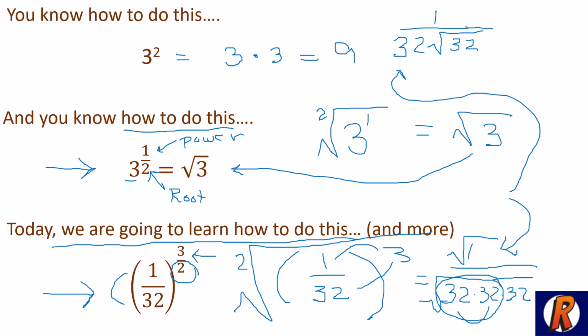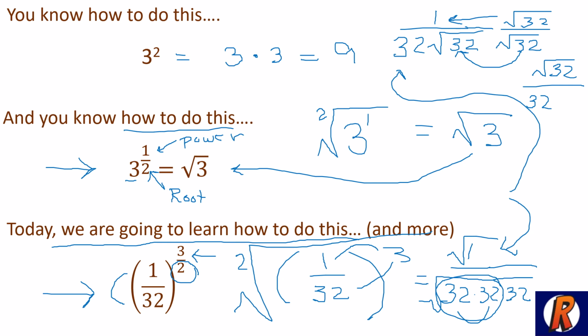Now we're not done yet because we can't have a radical in the denominator, so I've got to multiply by the square root of 32 over the square root of 32. Now we can have a radical in the numerator, so the square root of 32 times 1, that's okay. On the bottom, we already have a 32. Now when we take the square root of 32 times the square root of 32, that's undoing.